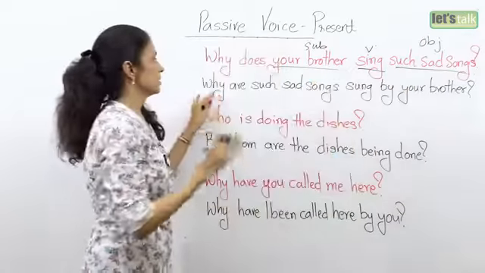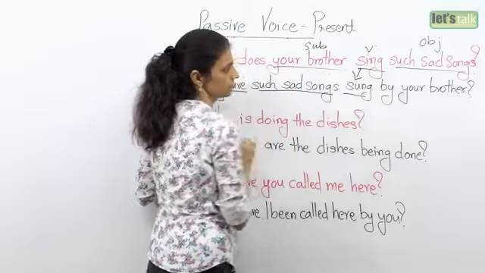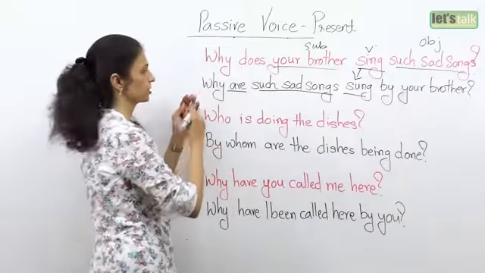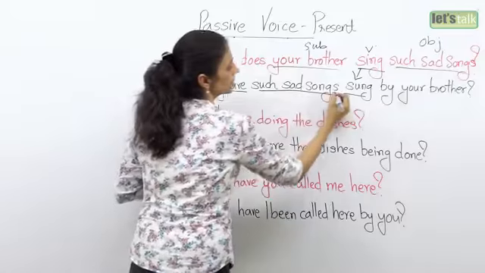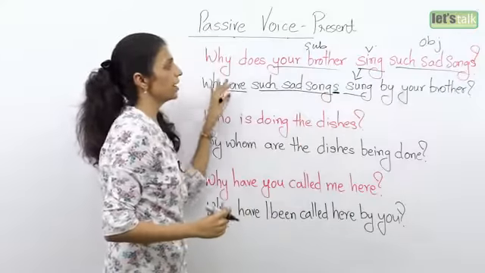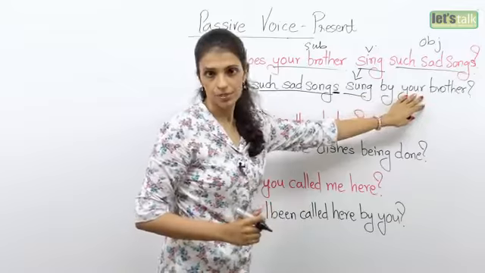Okay, so here it is for you. Why are such sad songs sung by a brother? You've put the verb in the third form, all right? You've interchanged the subject, object, object, subject, and you've put are as an auxiliary verb because there are many songs, okay? So why are such sad songs sung by a brother?